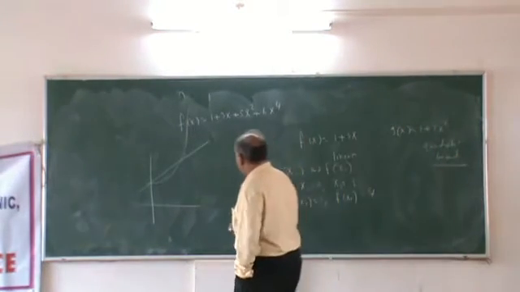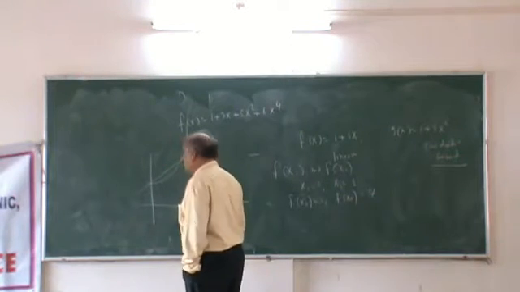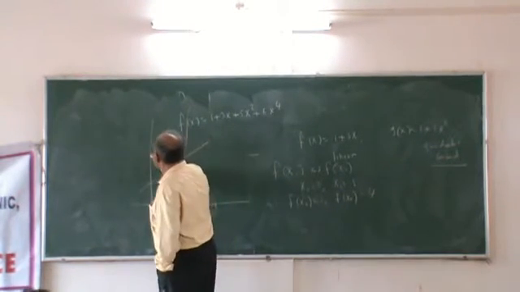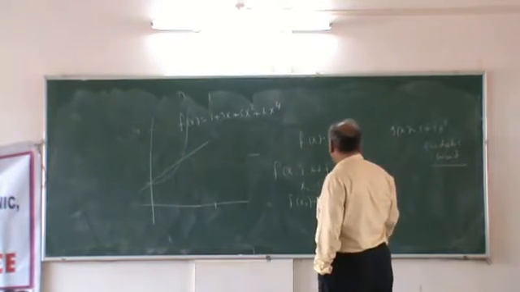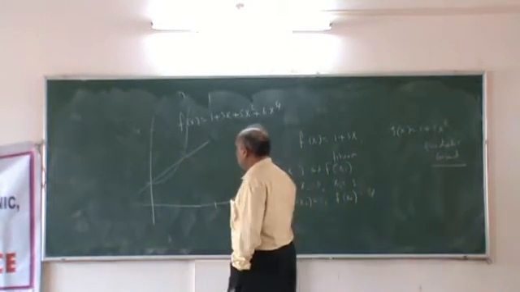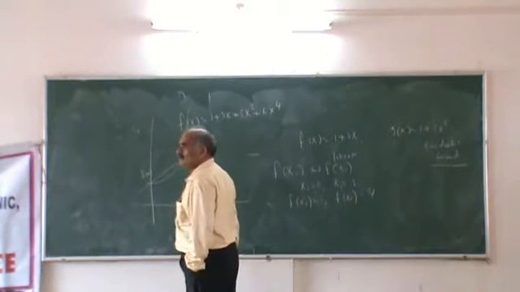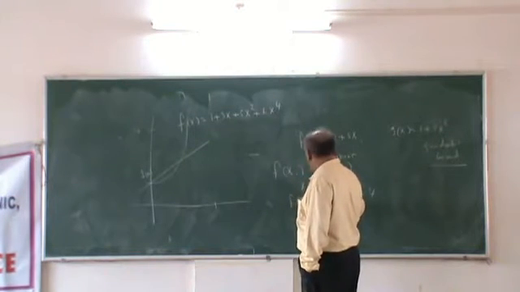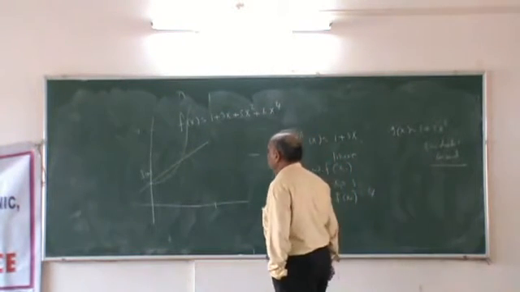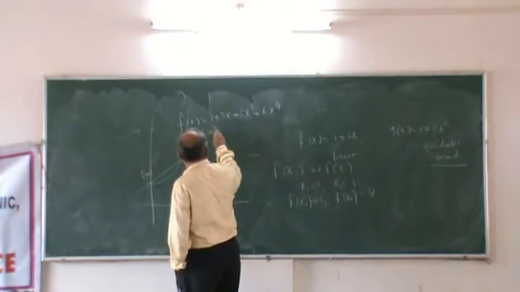So where can I plot them? If this is my 1, somewhere here I have 4. So this is my f of x0, and then my f of x1 is 4.